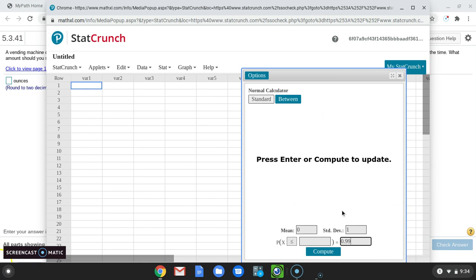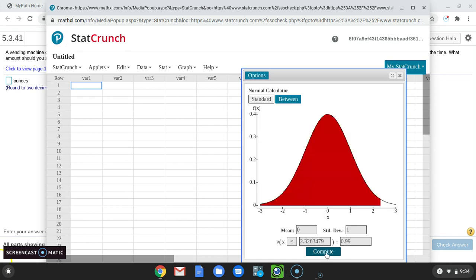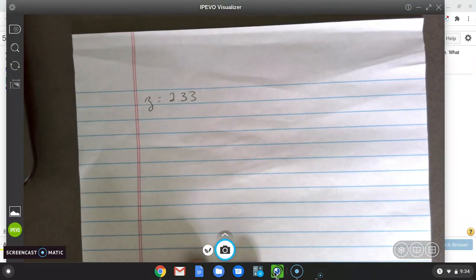That means to the left will be 99% of the time. Let's compute that. So our z-score will be 2.33. If I round it to 2 decimal places, 2.33 will be our z-score. Okay, so there you can see I already got my z-score.